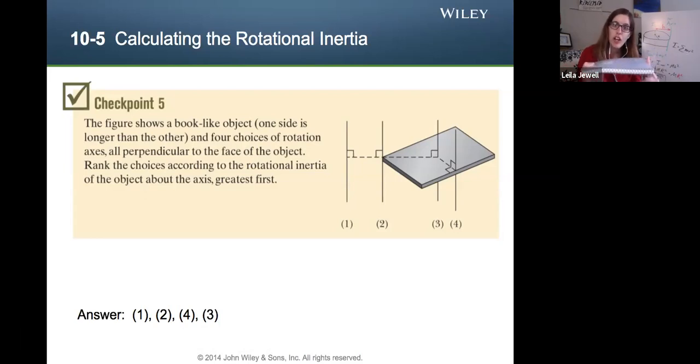Anytime you shift off of the center of mass, it becomes harder to rotate because you have more of the object that's further from the axis of rotation. 1 is the furthest away from the center of mass, so it's going to be the largest amount of rotational inertia. 2 is at least closer, but it's on that diagonal. 4 is then the closest to the center of mass, versus 3 is right on the center of mass. So 3 has the least amount of rotational inertia, even though it definitely still has some there.